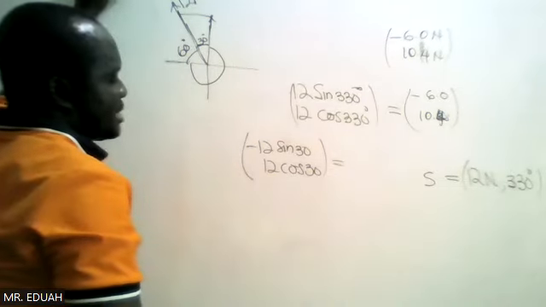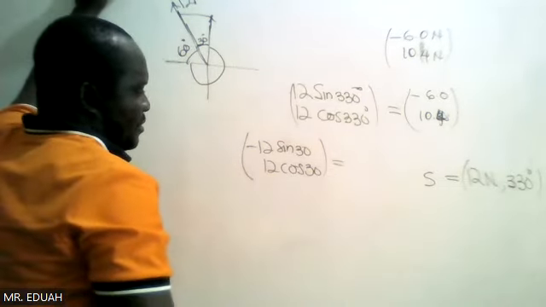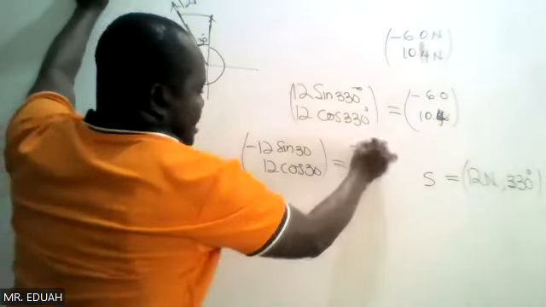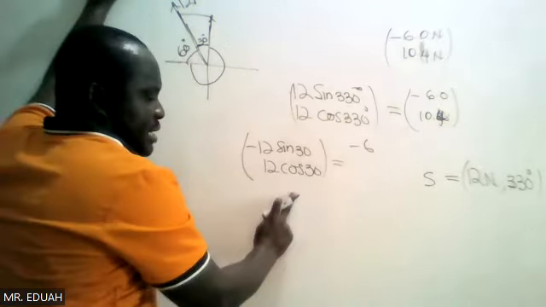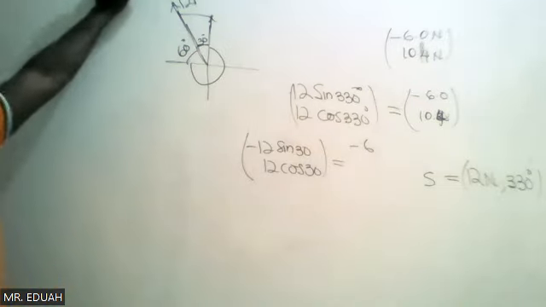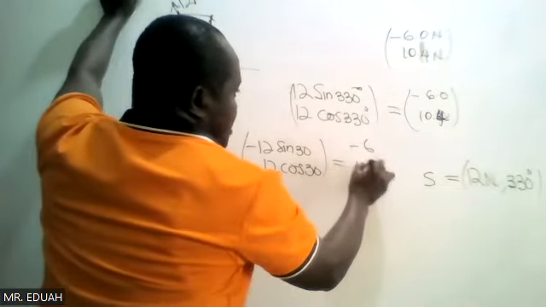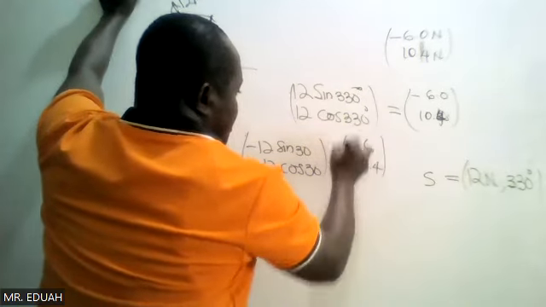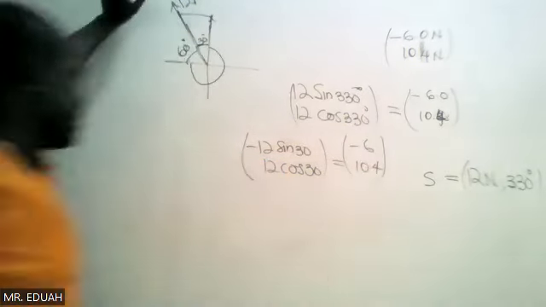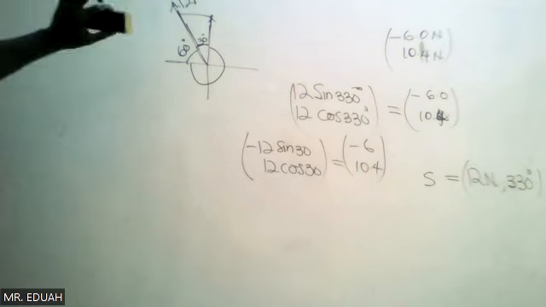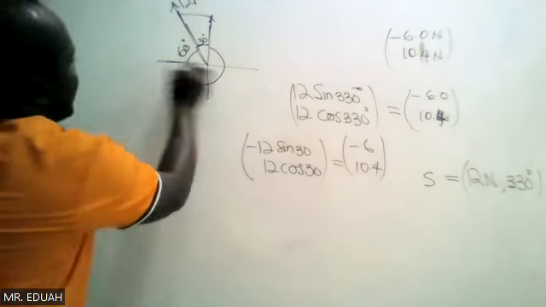Sine 30 is half, so -6. Cos 30 is 0.866, and so it should give you 10.4. The same answer.